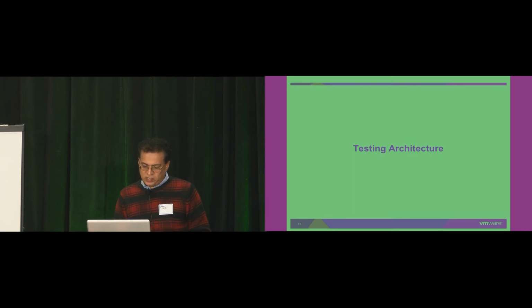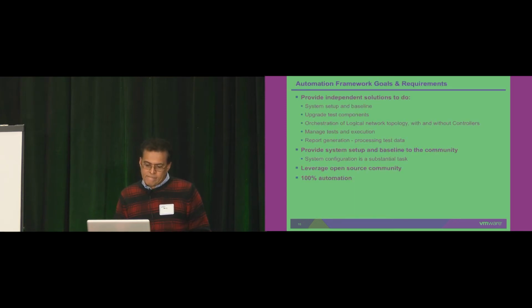Let's go to our testing framework. So the goal is to automate everything 100%, use open source tools as much as possible, and break the problem down into different pieces.